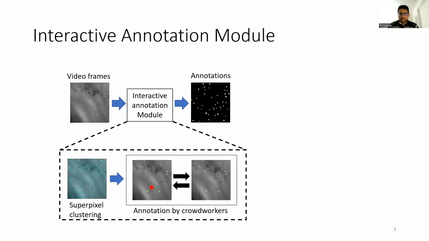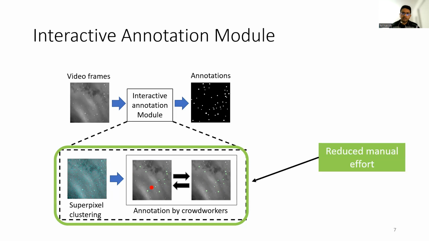In this way of superpixel clustering and clicking and erasing, we can easily obtain very accurate pixel annotation of these video frames in minutes. For example, a 1000 by 1000 resolution image can be pixel annotated in this way in less than 6 minutes. This results in reduced manual effort.